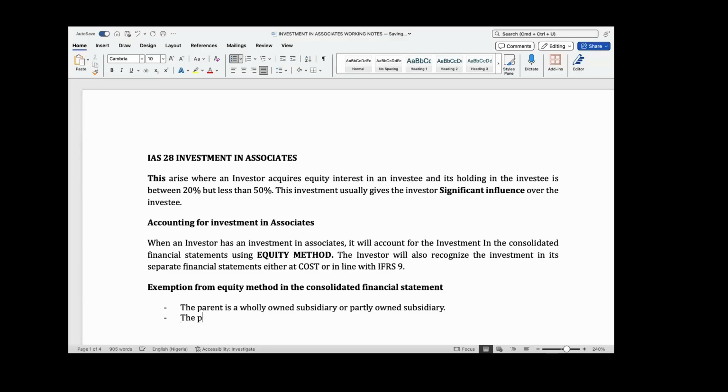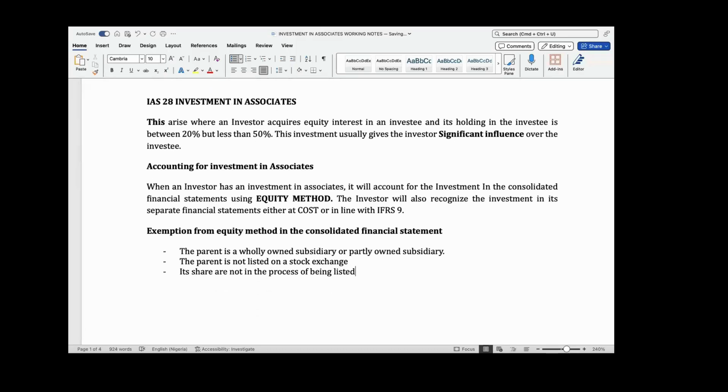Or where the parent is not listed on a stock exchange, is exempted from preparing consolidated financial statements, so the equity method will not fly, or its shares are not even in the process of being listed, is exempted from preparing consolidated financial statement.